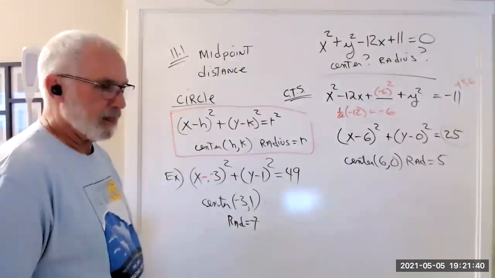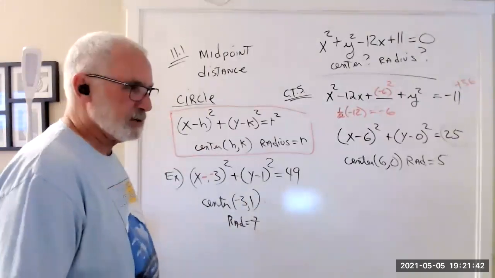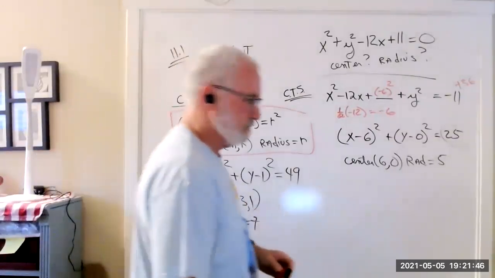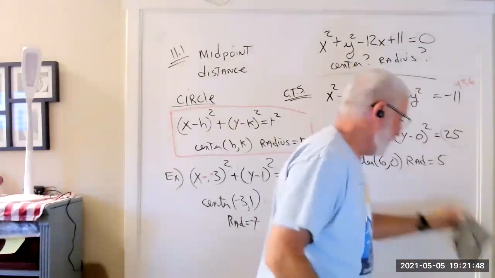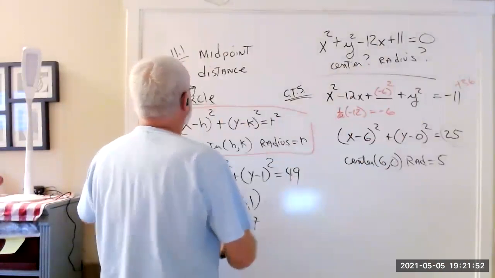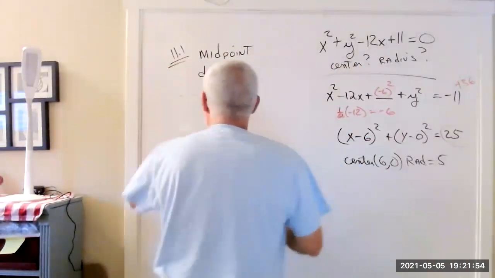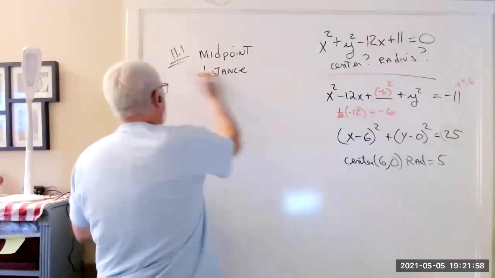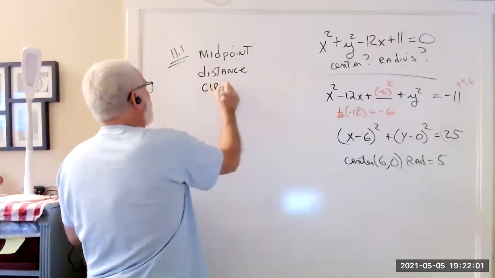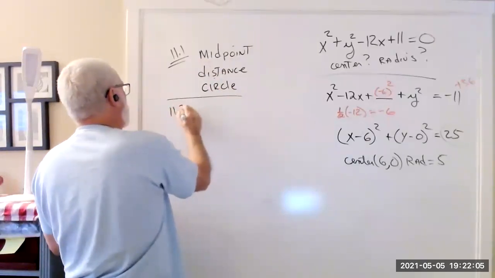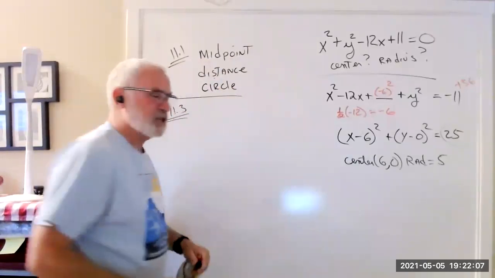Okay, so basically I need to erase the board. Are we okay? Yes. All right, here goes. Now, that was a circle. We're going to jump to 11.3 because it's easier.